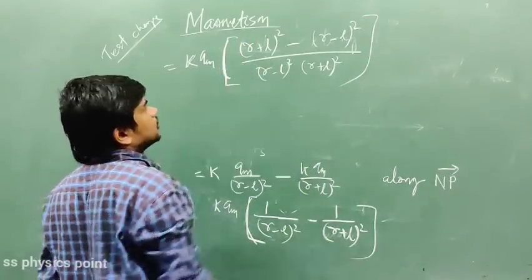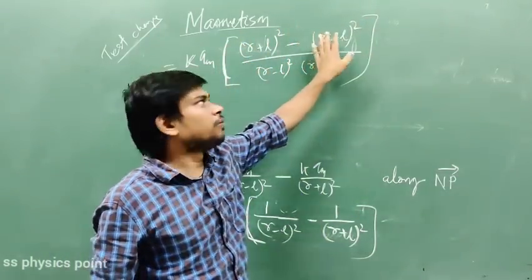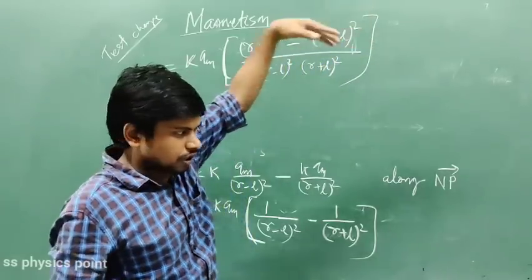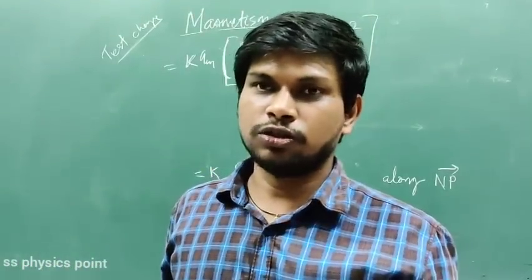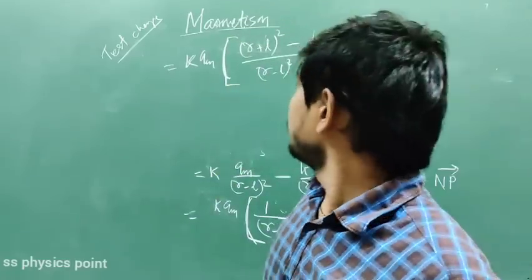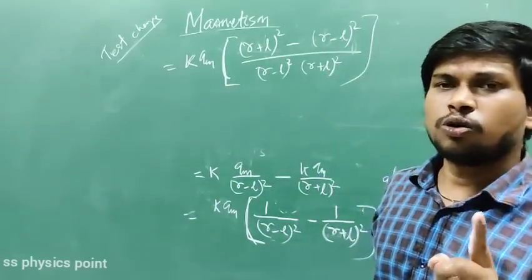You can see this is (A plus B) whole square minus (A minus B) whole square, and the answer is 4AB. Everyone knows (A plus B) whole square minus (A minus B) whole square equals 4AB.